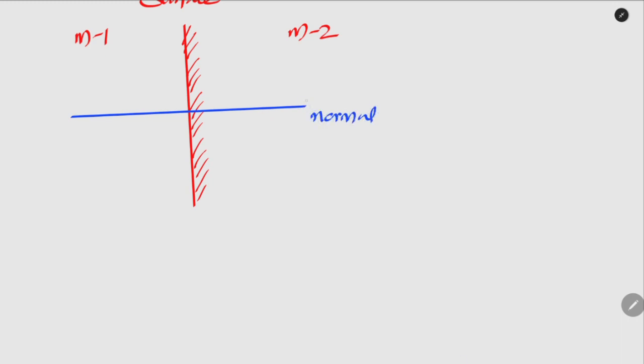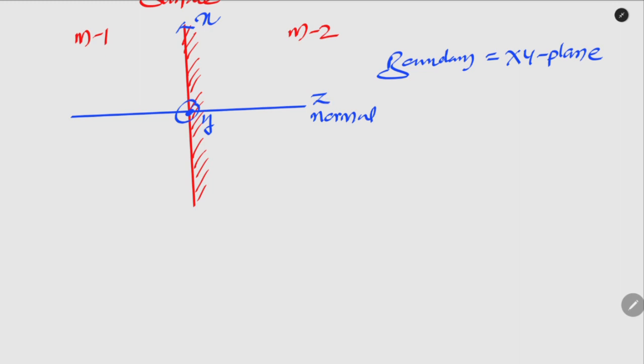And just think that this boundary is nothing but the xy plane, and this is x direction, this is y direction, the y axis is coming out of the screen. Then the normal should be perpendicular to the xy plane, that means the z axis.